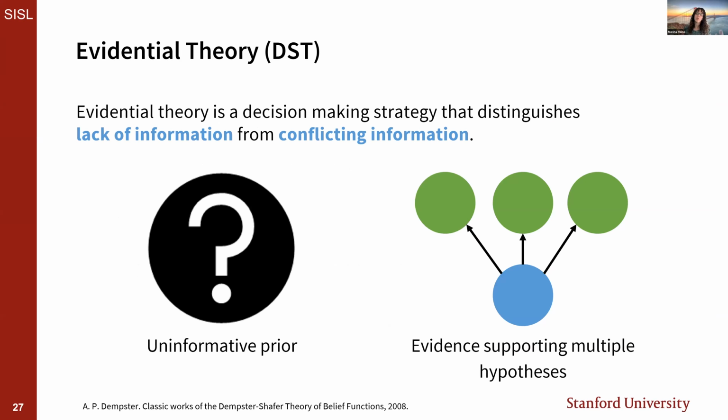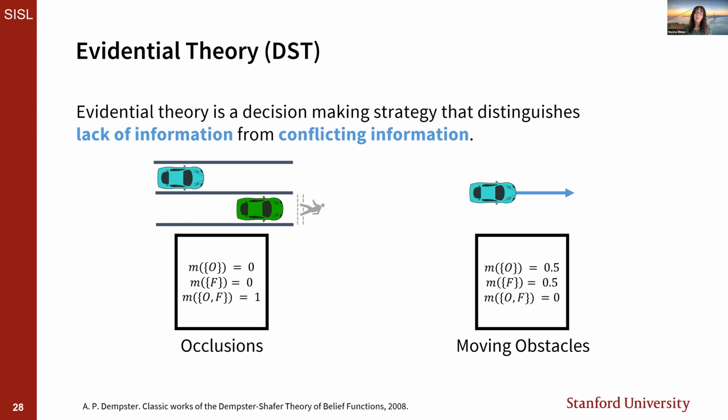The benefit of evidential theory is that it differentiates lack of information, for example, an uninformative prior, from conflicting information, such as evidence supporting multiple hypotheses, by considering this power set over all hypotheses. In the context of OGMs, lack of information may constitute occlusions, while conflicting information may represent an object moving through a grid cell.